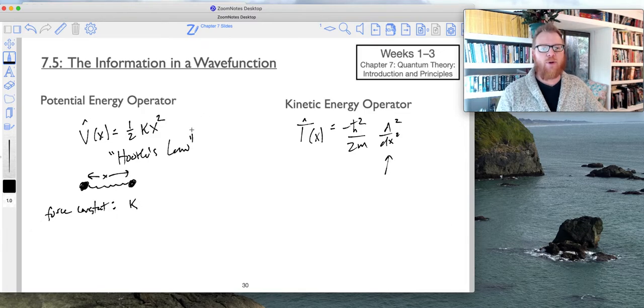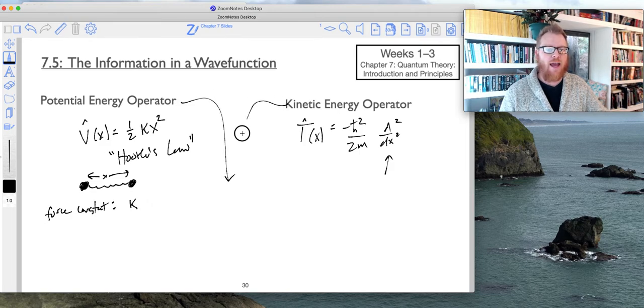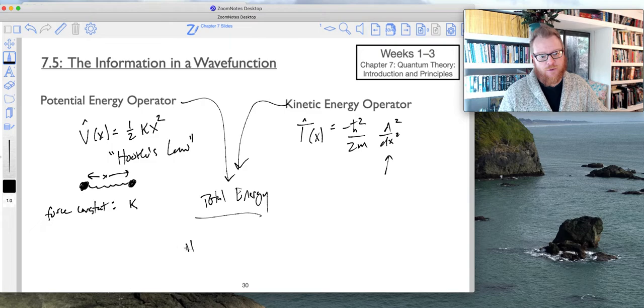Now if I put these together to get the total energy operator, that's where we use the Hamiltonian, which would be negative h bar squared over 2m d squared dx squared plus 1/2 kx squared.